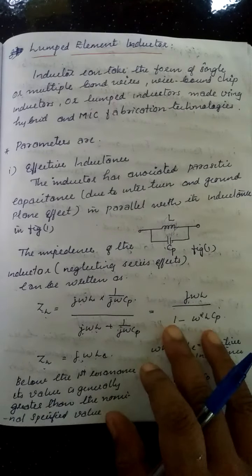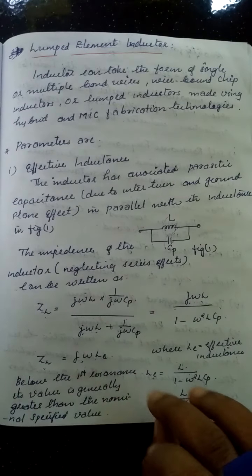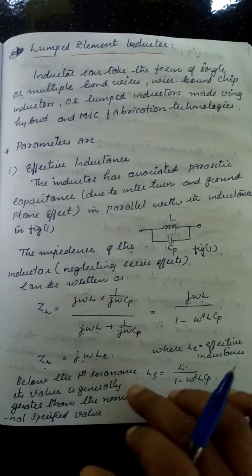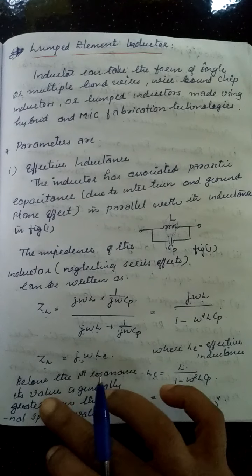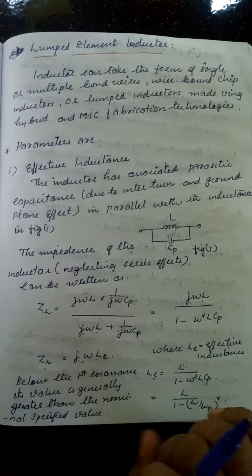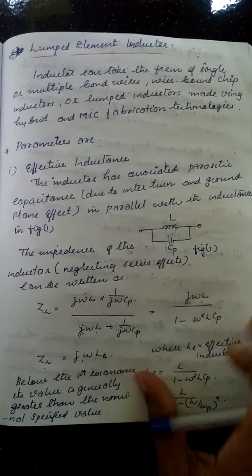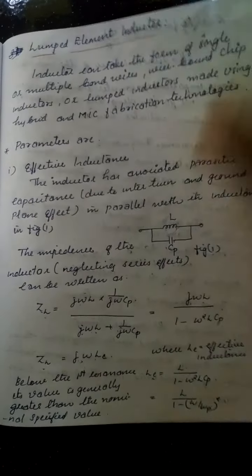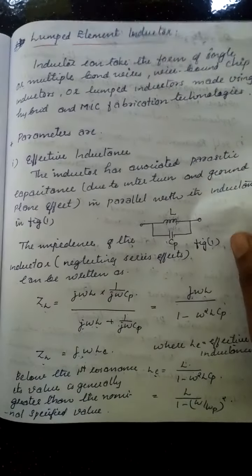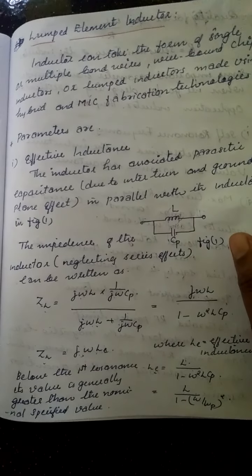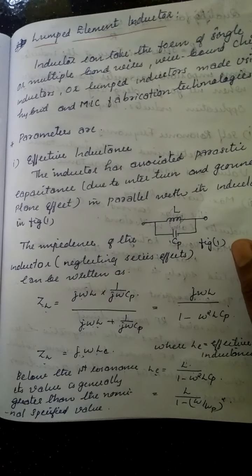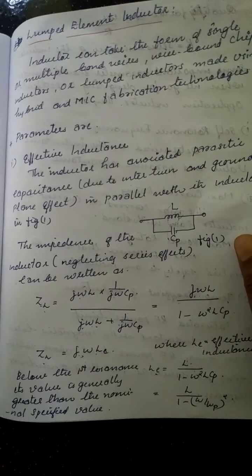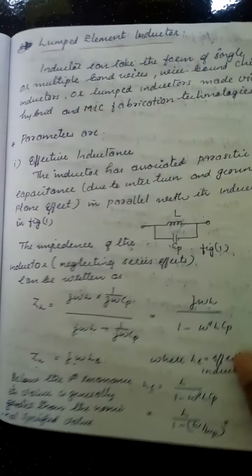Its value is generally greater than the nominal specified value. So in the case of the lumped element, we have discussed the impedance when a parasitic capacitor is in parallel with our inductor.